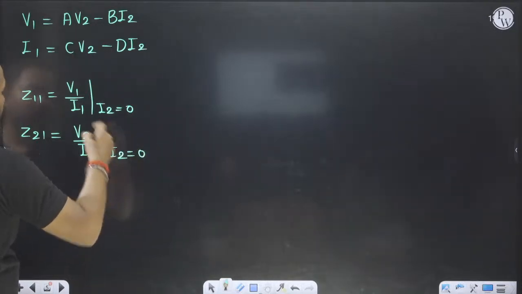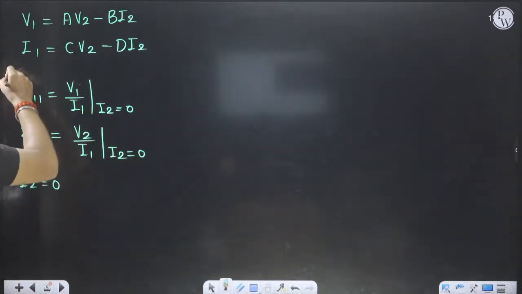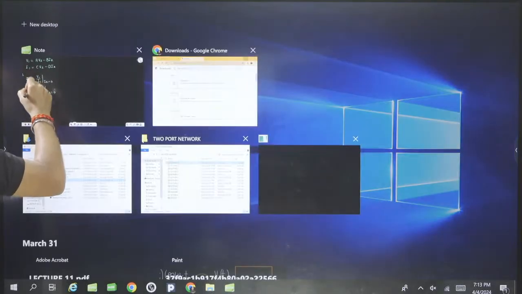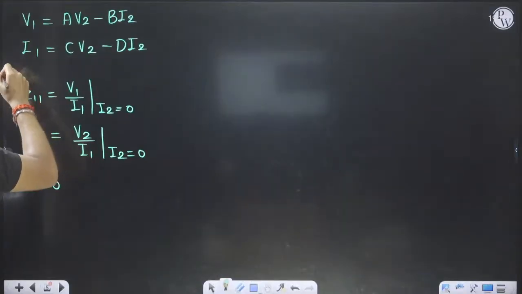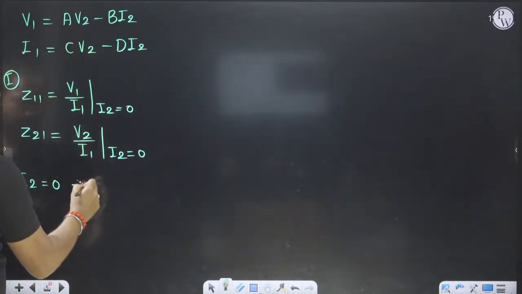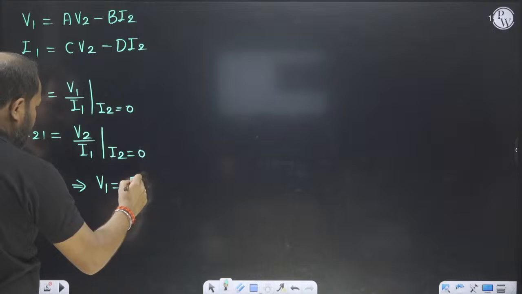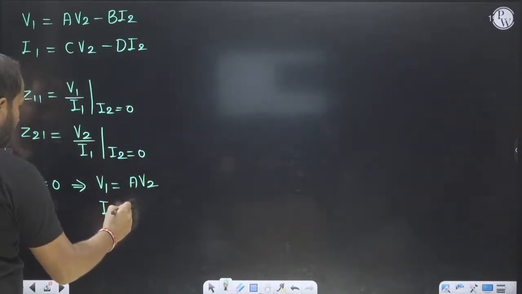So first of all I will make I2 equal to 0. If I2 is equal to 0, V1 is equal to A V2 and I1 is equal to C V2.